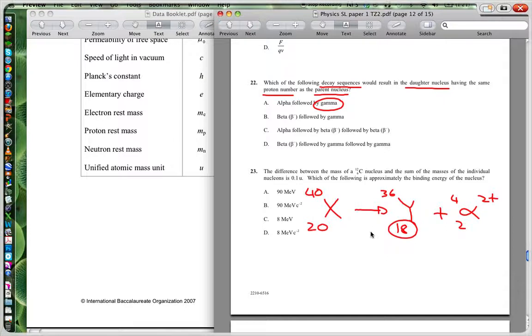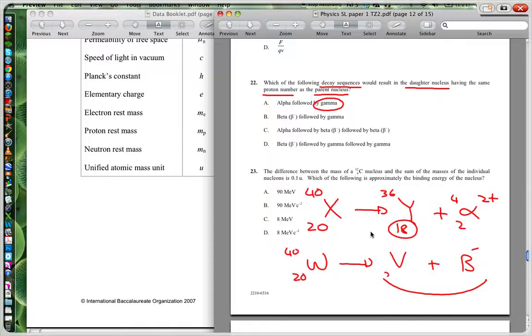Now with the beta decay, let's say we've got W and we've got 20 and 40. By beta decay, what actually happens is that the beta particle is actually an electron. So with conservation of charge, we've got a -1 there.